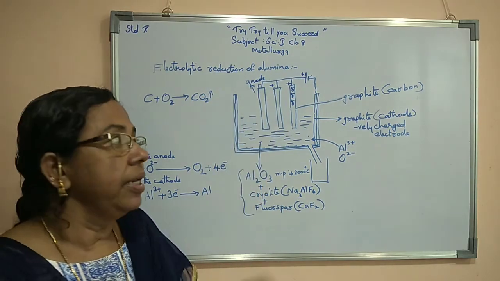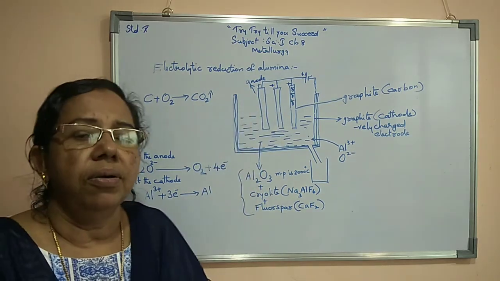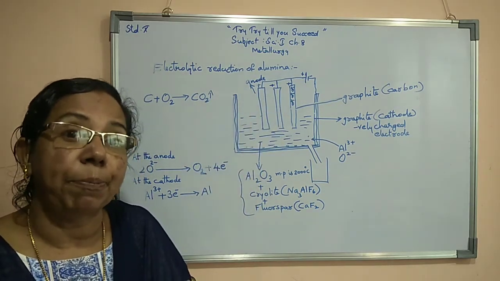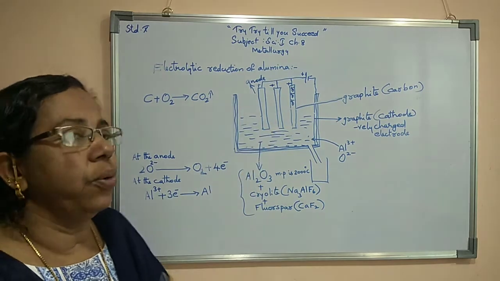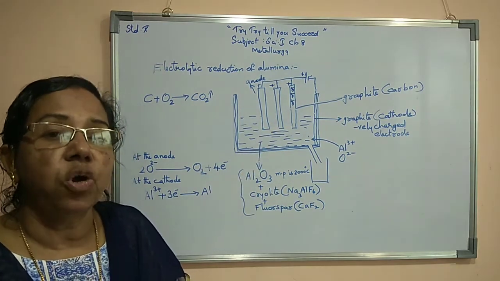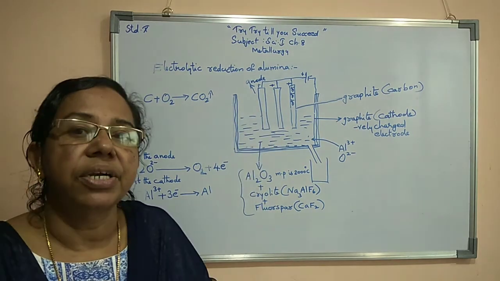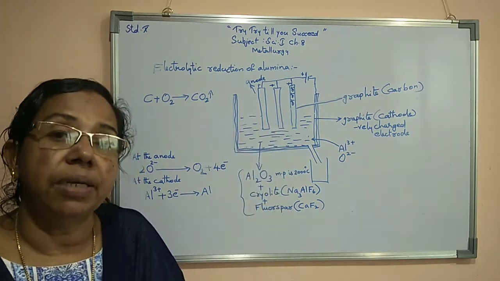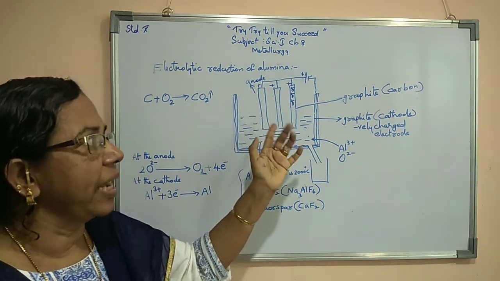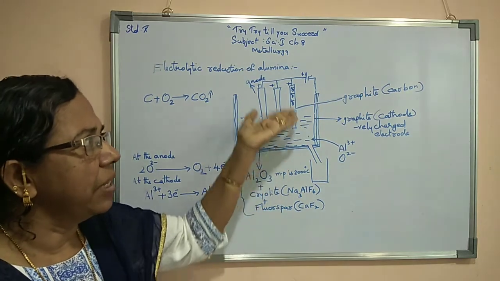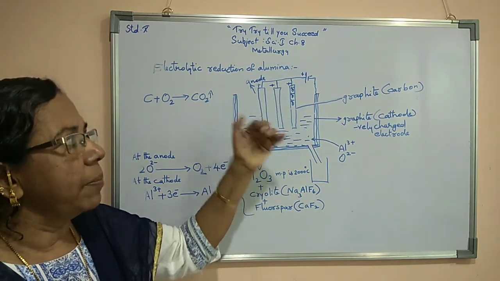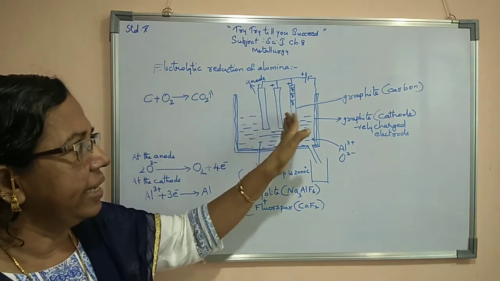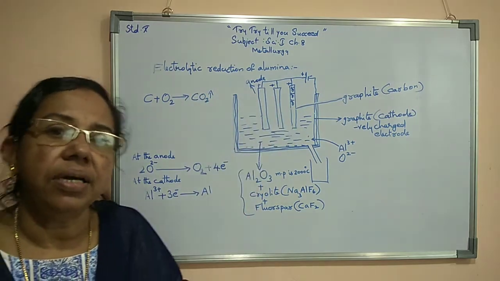As a result of it, after using it a few times, we have to replace these anode rods. Why? Because slowly, its size will reduce. It is a slow burning process. That means it is not a quick burning process, but a slow burning process will take place. As and when this burning process takes place, carbon dioxide gas will evolve out and the size of the anode will reduce.